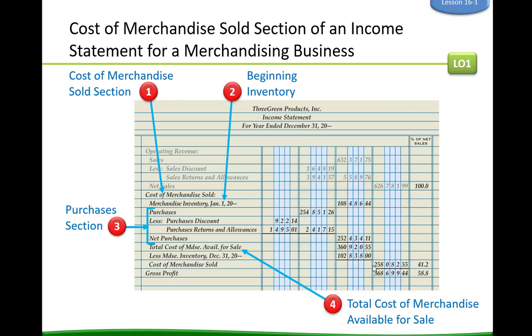So that's the total cost of merchandise sold. To find the percent of net sales, you take this number divided by your net sales times 100 and round to the nearest tenth. And then gross profit is what you get after you subtract the cost of merchandise sold from net sales.